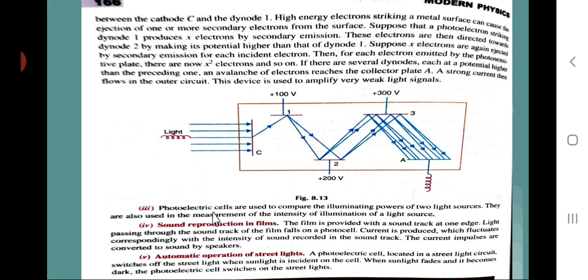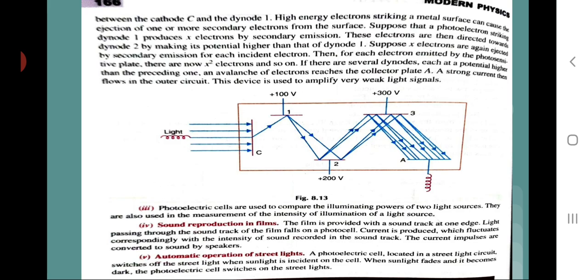Now, the third application: photoelectric cells are used to compare the illuminating power of two light sources. They are also used in measurement of intensity of illumination of a light source. Now, the fourth application is sound reproduction in the film.